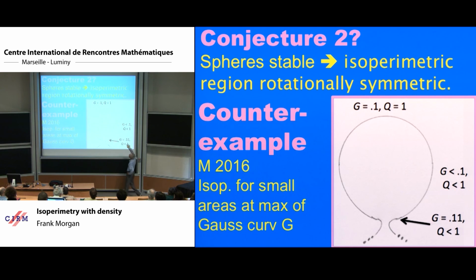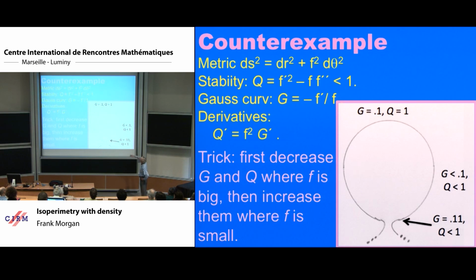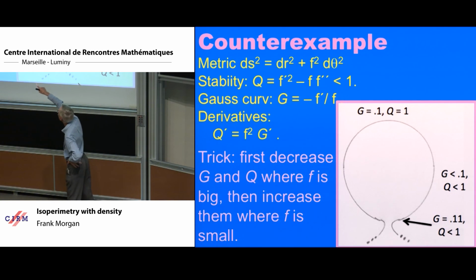This is hard to do because the stability condition, Q something less than 1, has the same increases and decreases with the Gauss curvature. So you start out with the value of the Gauss curvature, and Q starts out being 1. You have to keep Q less than 1, but you want to make G bigger. It seems impossible until you realize there's that F squared factor there.